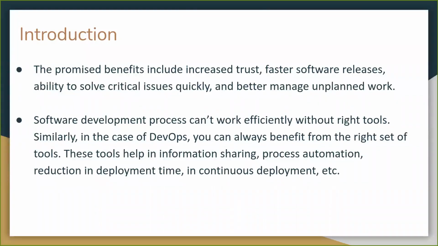And the software development process cannot work efficiently without the right tools. Similarly, in the case of DevOps, you can always benefit from the right set of tools. These tools help in information sharing, process automation, a reduction in deployment times, continuous deployment, etc. So DevOps is just automation. And in DevOps, we have some tools which help in automating the workflow in the software development cycle.